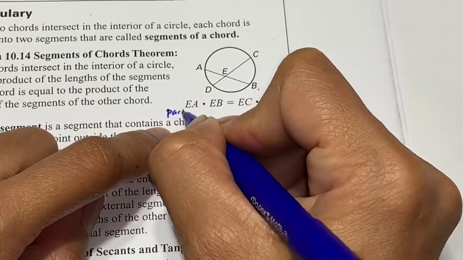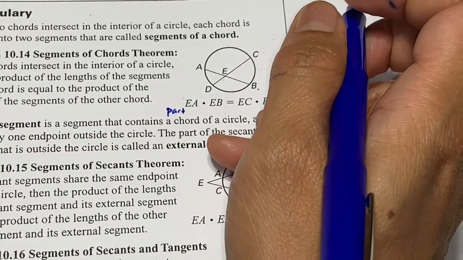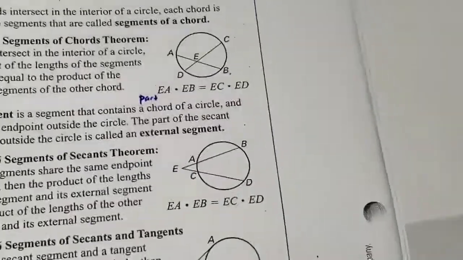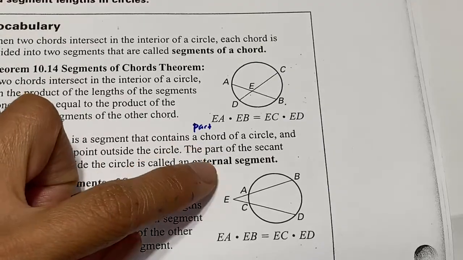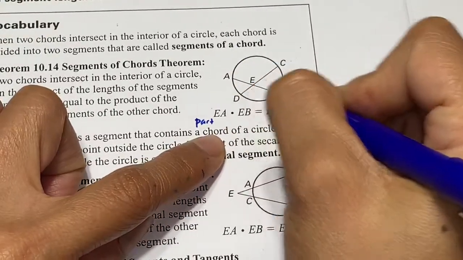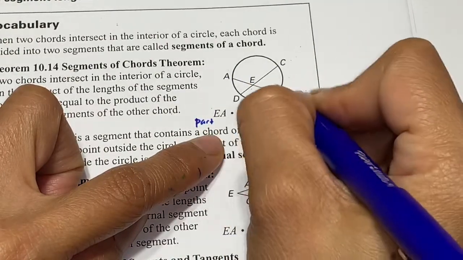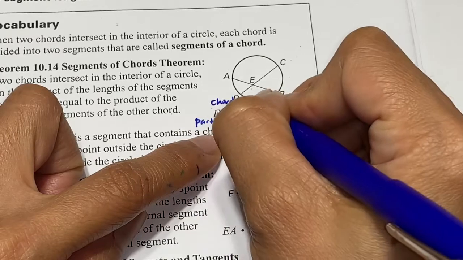Part times part, correct? Sorry, I put part times part, segment 1, or chord 1. First chord.